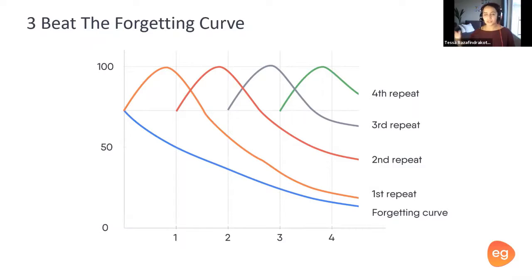Only after the third, fourth, fifth, sixth exposure are they really going to remember a majority of that information. So they will stop forgetting it. Now, the reason why we forget so much is not because we are stupid, right? It's just because our brains need to make space for more information. But that does mean that as humans, we need that repetition.